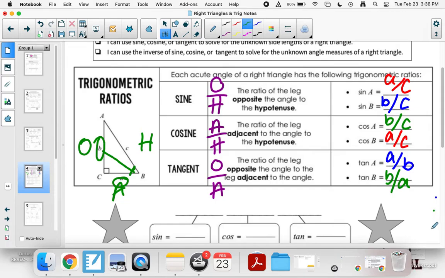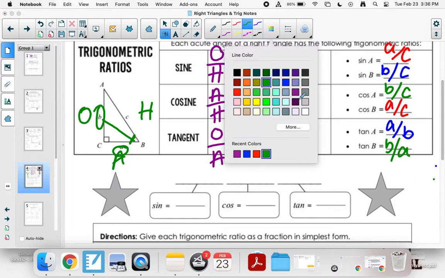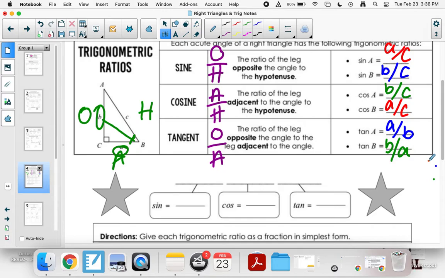Okay, so we have a special little saying that is literally our best friend. Let's make a special color. What's cute? Like an orange. Ooh, a burnt orange. Yes, love that. Okay, we have this saying, and the saying goes, SOH CAH TOA.